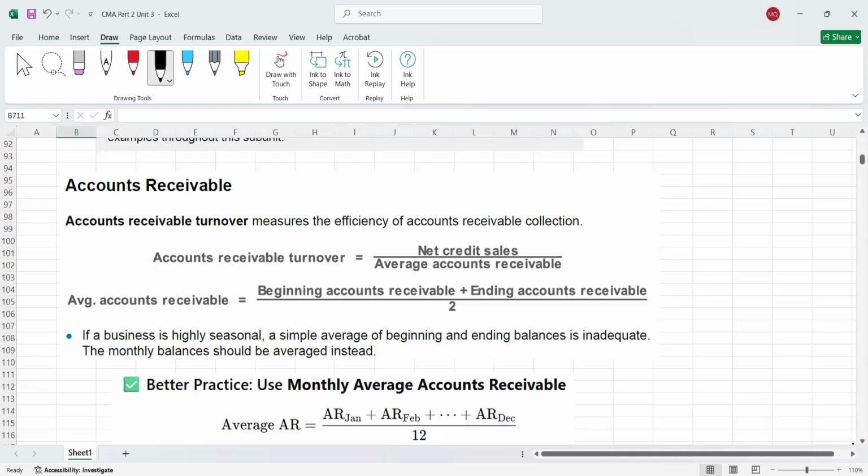We are starting with receivables, accounts receivables. Regarding receivables, we will cover two ratios. One is called the turnover ratio.